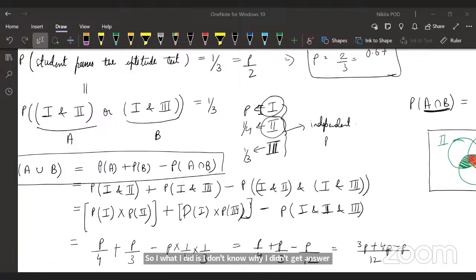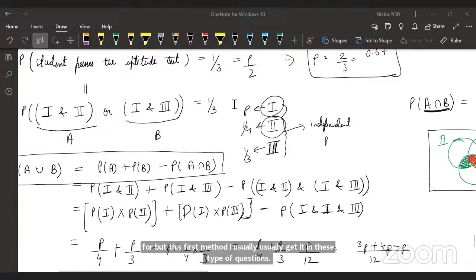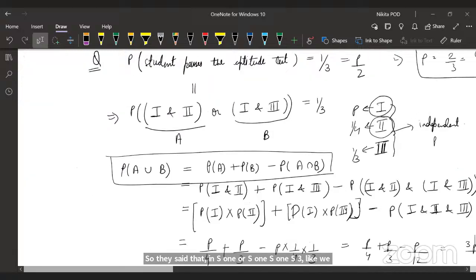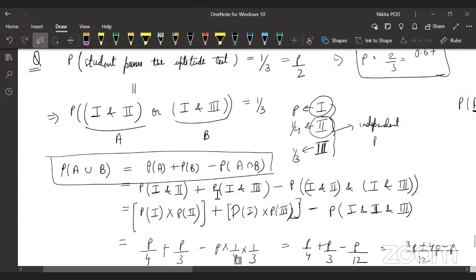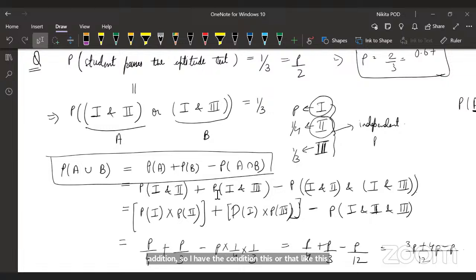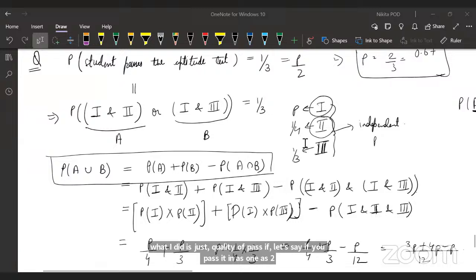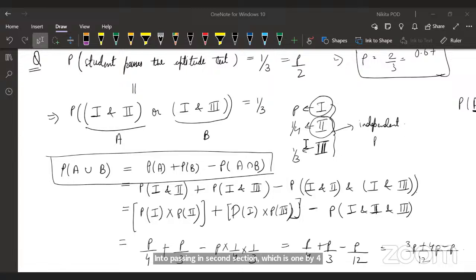So they said that in S1 and S2, or S1 and S3, he should pass in these two. So it's an or condition, which means addition. What I did is the probability of passing if he passes in S1 and S2, which is the first case. So passing in the first section would be P, which is given, into passing in the second section, which is 1/4, into not passing in the third section, which is 2/3.